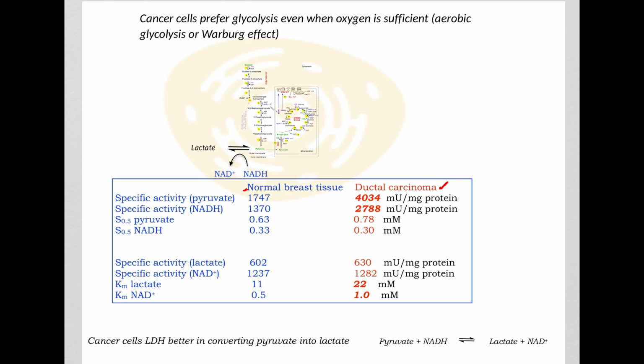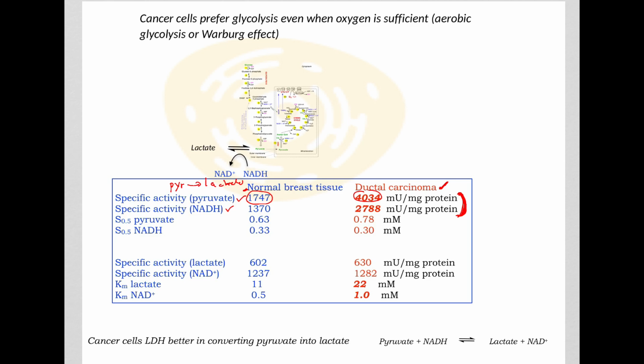So when you look at this reaction of LDH going from pyruvate to lactate in this direction, we see that the cancer cells have a lot of active enzyme, 4,000 compared to 1,747 when pyruvate was used as the substrate for lactate dehydrogenase.